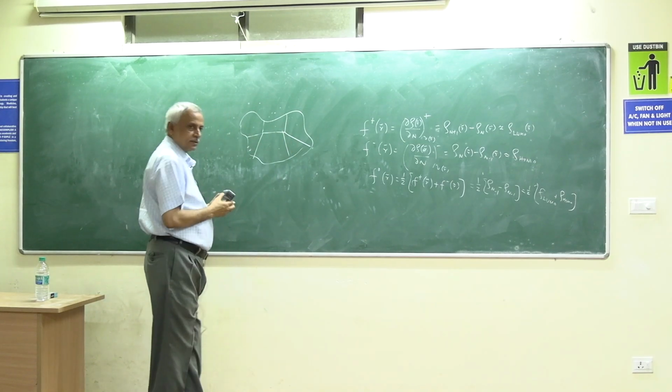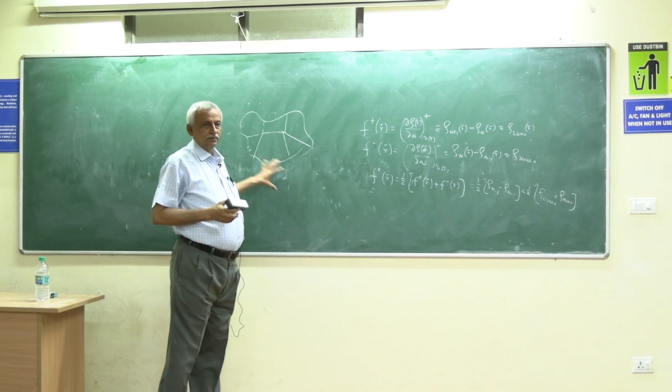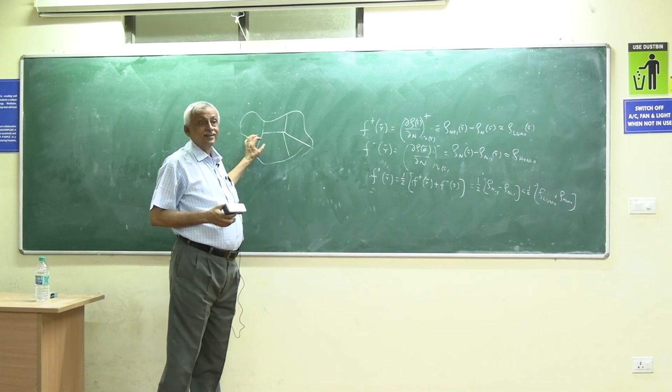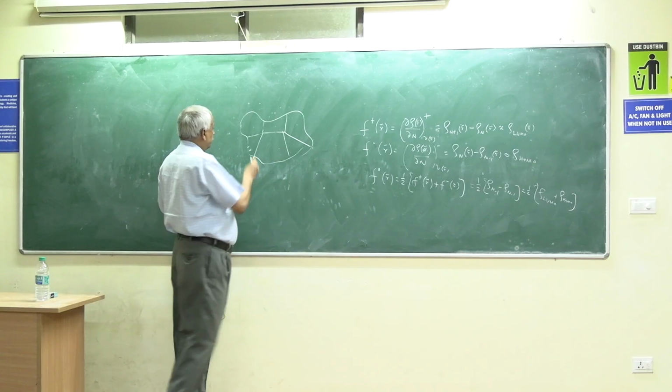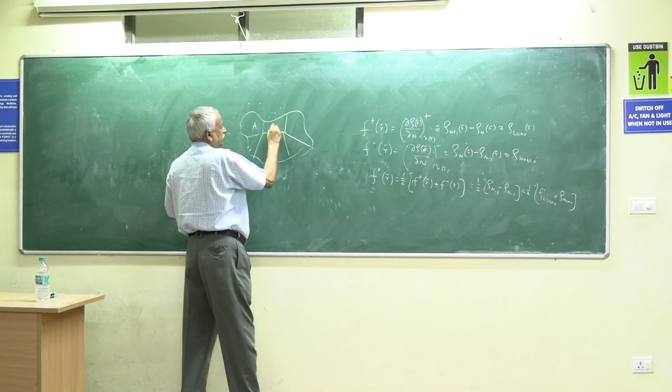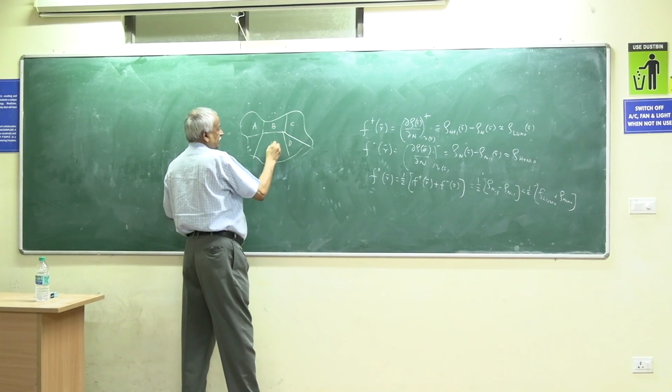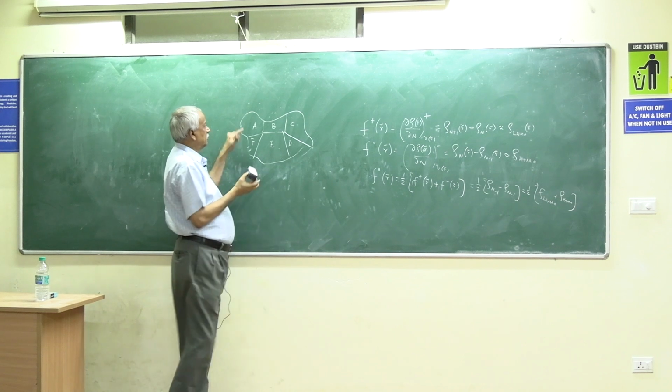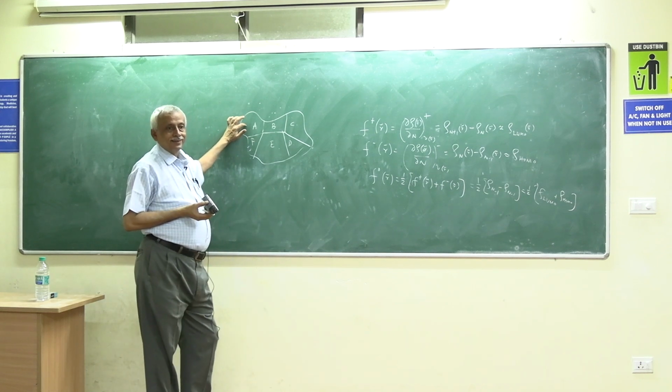If you know the electron density, I can now define various regions. They are called basins. So in a molecule, if you have atom A, B, C, D, E, F, this is the atomic basin of A in the molecule.